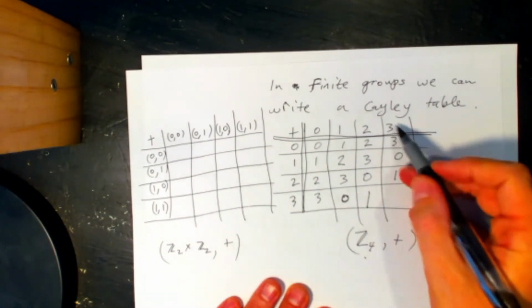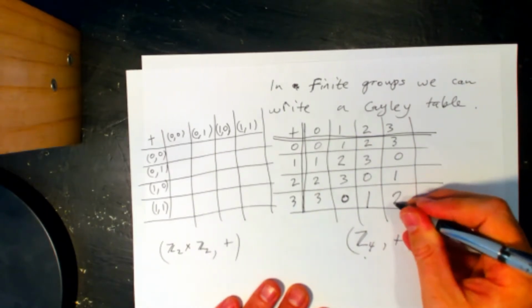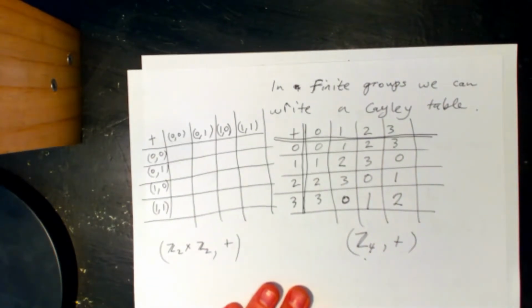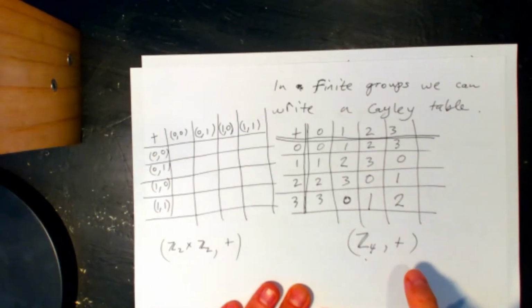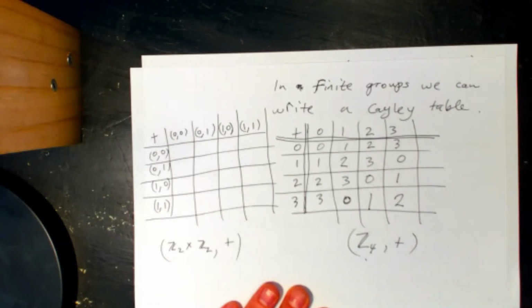Okay, 3 plus 3 is 6, but 6 is congruent to 2 modulo 4. So this is a complete Cayley table for the integers mod 4 under addition. Now we have a 0 in every row and every column, so that's saying that every element has an inverse.